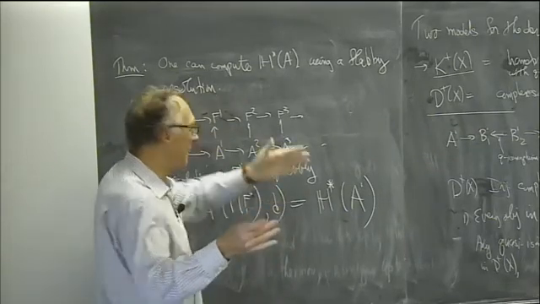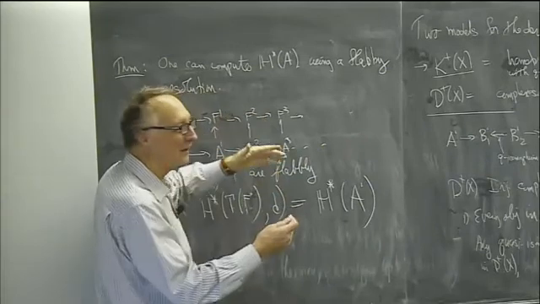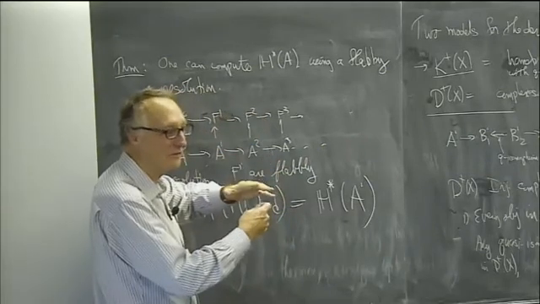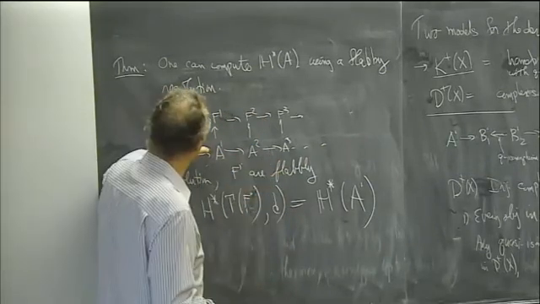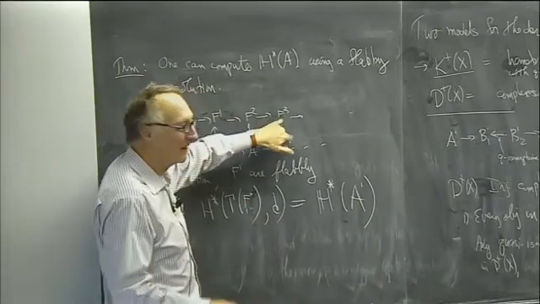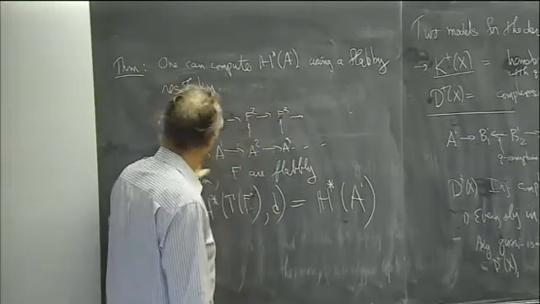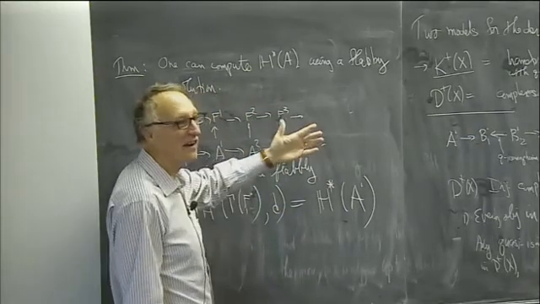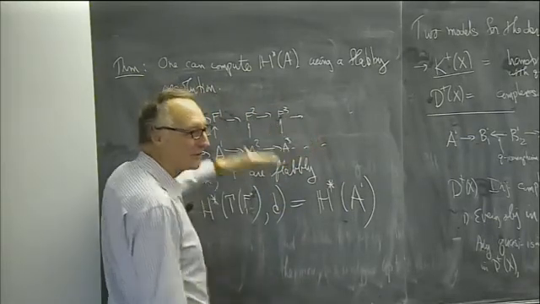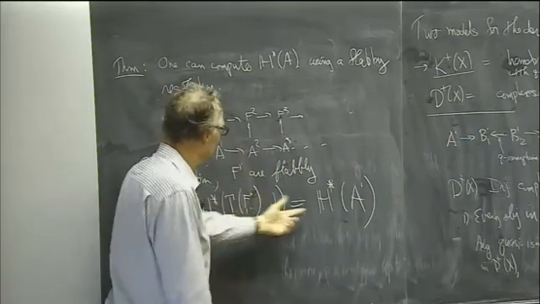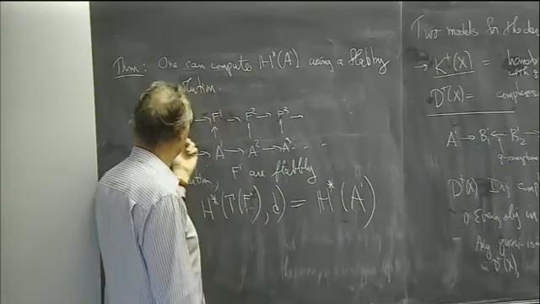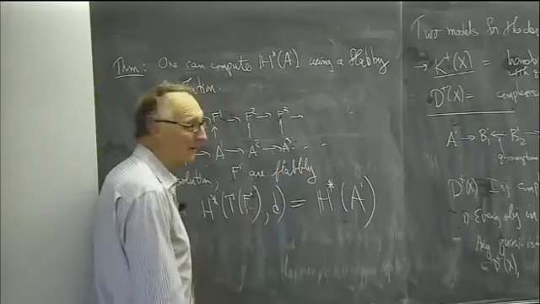When you take that double complex and filter vertically and take global sections, at E1 you simply get the global sections of this thing. On the other hand, it's an injective resolution of the flabby complex and therefore of the original complex, so it calculates the answer. So the answer is given by the complex of global sections of this thing.